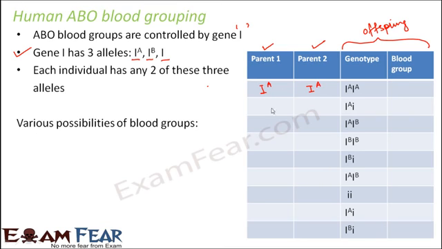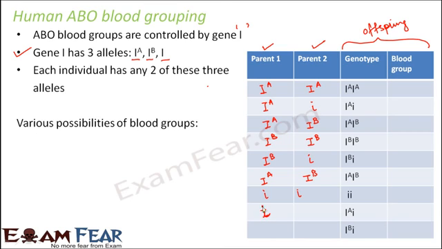If the genotype is IAi, that means the parent has IA, the other parent has i. If the genotype is IAIB, that means parent 1 has IA, parent 2 has IB. Similarly, we can find out all the possible options for the two parents, because from there the genotype is coming out here. So maybe both of them have i here.